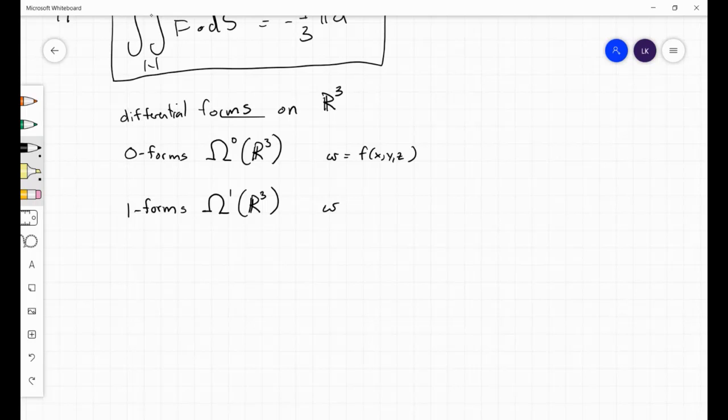And that would be, you have three real valued functions of x, y, and z, but then it's like the total differential of something. But it doesn't have to be. So, for example, this could be x z cubed dx. Okay. So that's a one form.